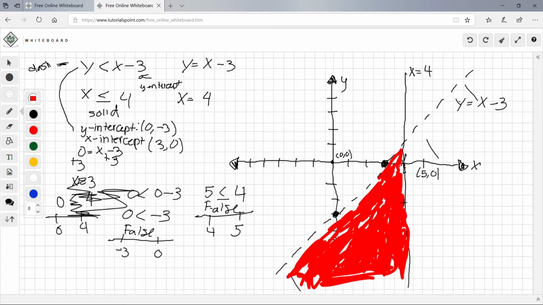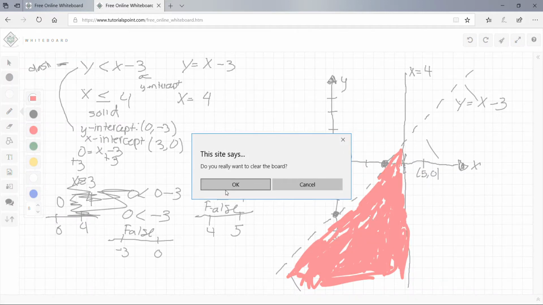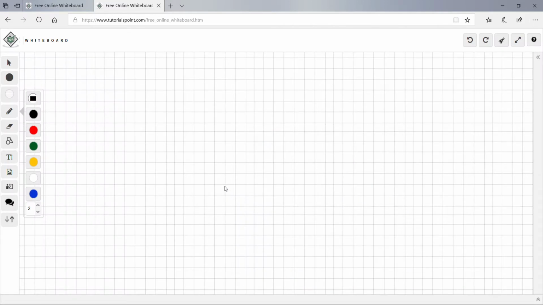Okay, let's do the next one. Let's do absolute values.